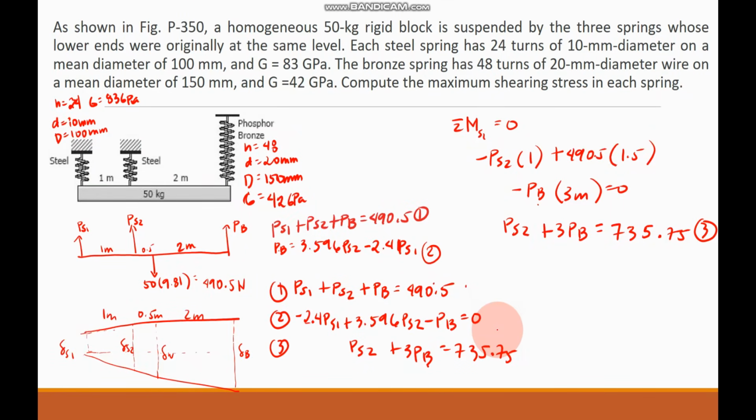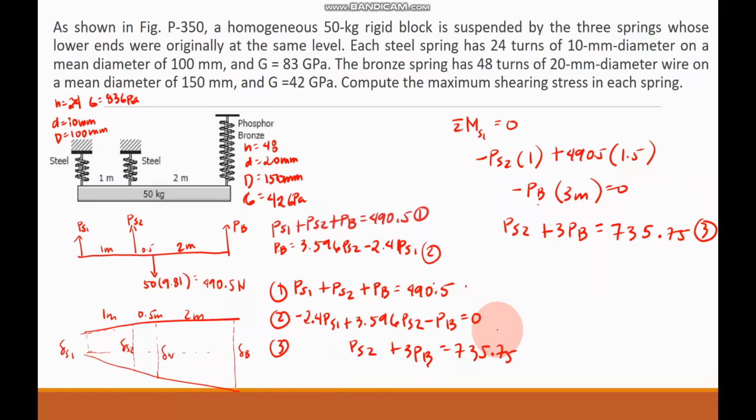And then for the third equation, PS1 natin is 0, PS2 is 1, PB natin is 3.